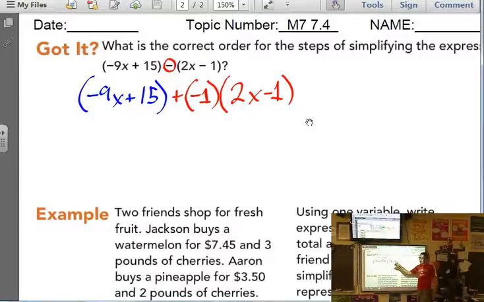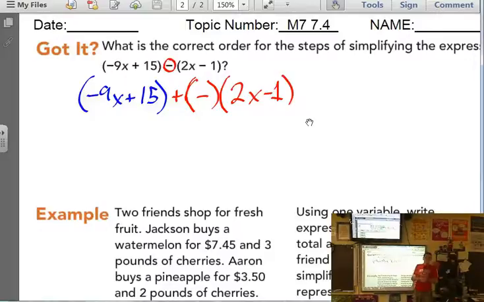Any questions on why we do that? You still need to apply the minus, but it just makes it easier. We can't just say negative, because then the question is, negative what? You can't say plus minus either, because you can't have two different operations happening at the same time.